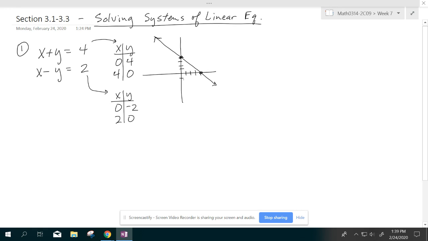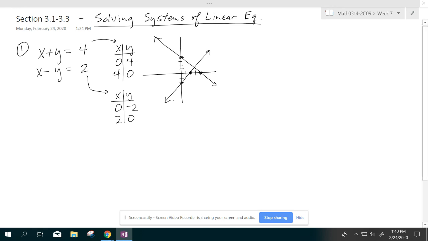(0, negative 2), (2, 0). And I hope y'all can tell that you're going to have to be pretty accurate with your graph to get that point of intersection, right?